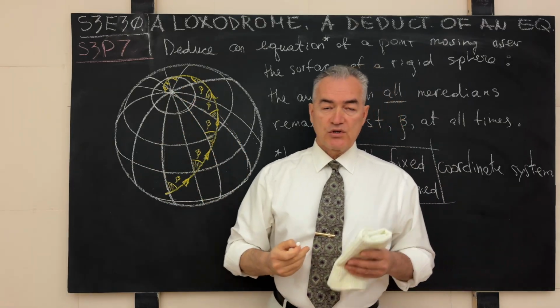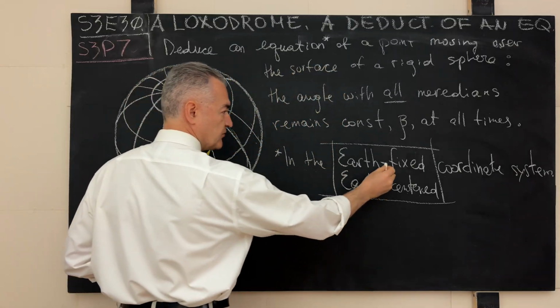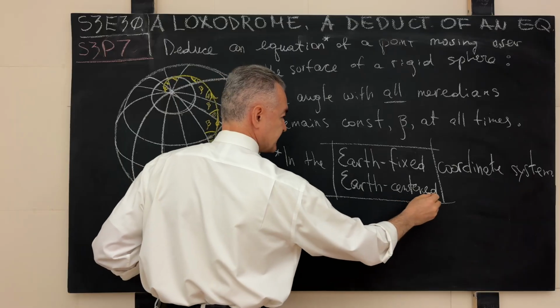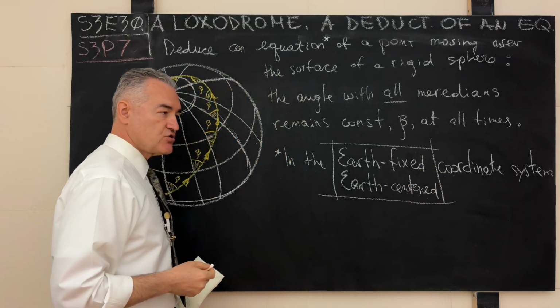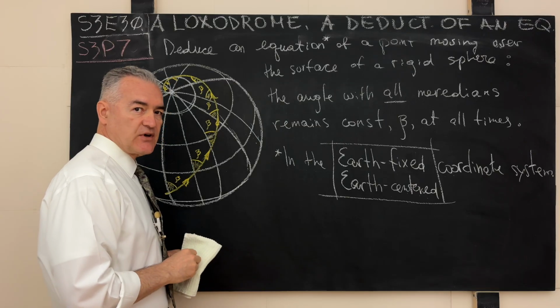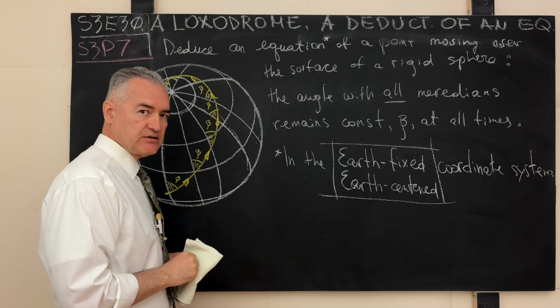And we're asked to deduce that equation in the so-called Earth-fixed or Earth-centered coordinate system. And as a friendly reminder, in such a coordinate system, how many real numbers define the position of the point on that sphere completely?